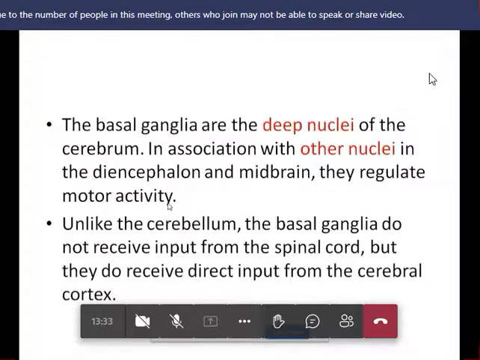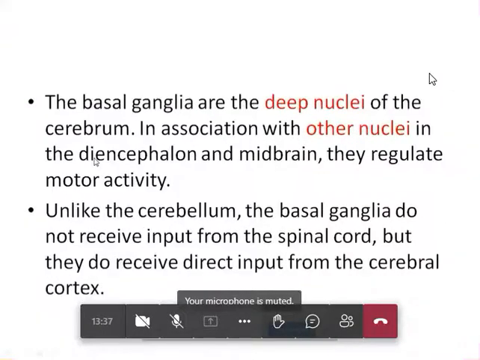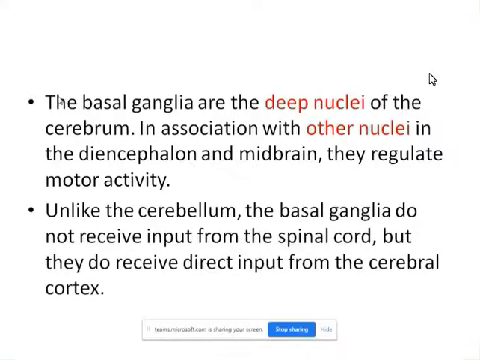If you want to move your hand, then before moving your hand, the pattern in which the hand will move is already generated by the basal ganglia and cerebellum. They give the information to the motor cortex, and the motor cortex fires and gives the information to the corticospinal tract, and that gives the information to the lower motor neuron, and accordingly the hand moves.